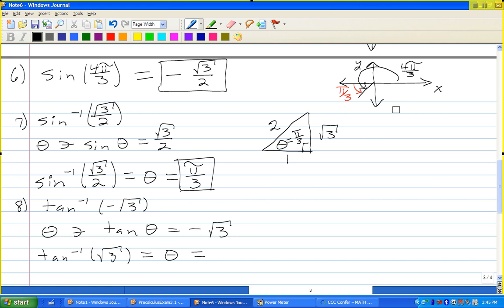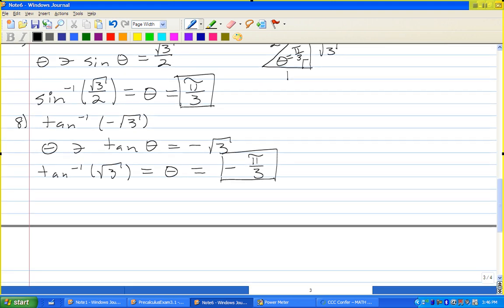And so we want it to be negative in the fourth quadrant. Tangent of pi over 3 is root 3 over 1. And so this is just pi over 3. And we want pi over 3 to be in the fourth quadrant. So it's negative pi over 3. And that's your answer.